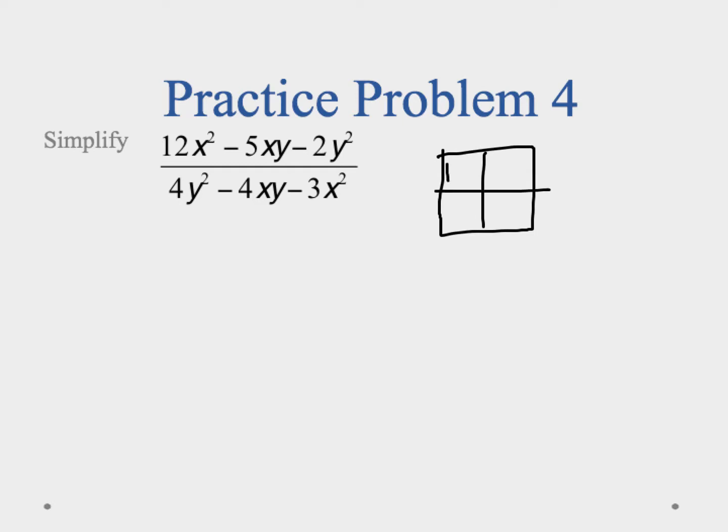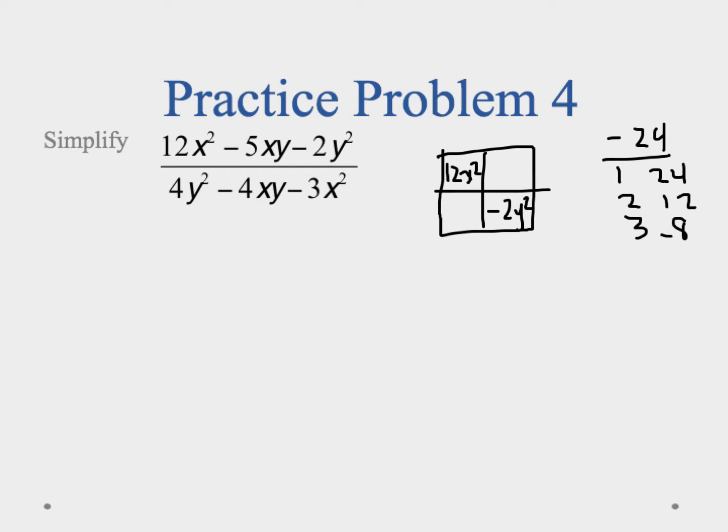I'm going to get 12x squared, negative 2y squared, and 12 times negative 2 is negative 24. Write my factors. 1, 24, 2, 12, 3, 8. No, 3 and 8 make 5.